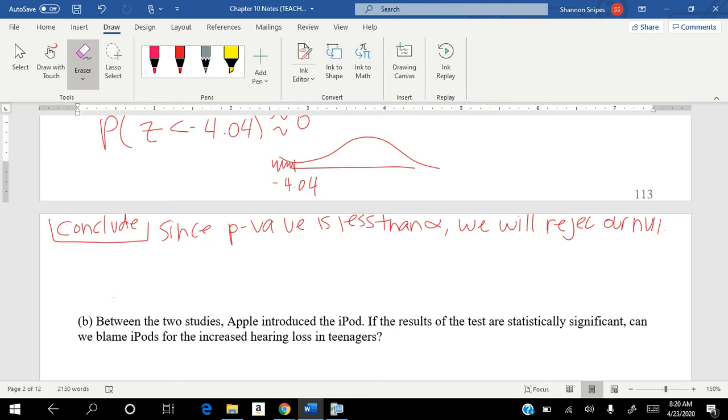All right, so where in the world did all these letters go? So since our p-value is less than alpha, we will reject our null. We have convincing evidence in support of the alternative.